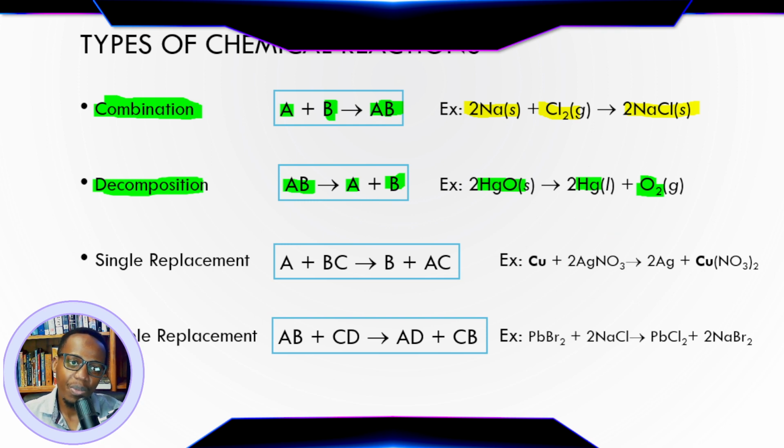Now you'll notice something interesting happening here. Even though we're saying sodium plus chlorine, chlorine is being represented by Cl2, or mercury plus oxygen, oxygen is being represented by O2. And this is important because, again, for this video, you're going to have to be able to predict what's going to happen and how things are going to combine together.